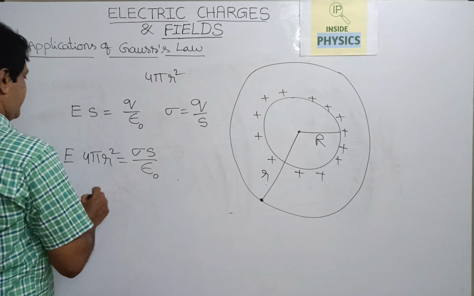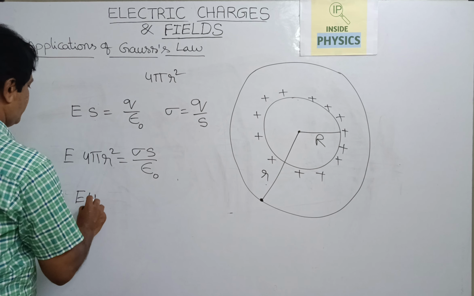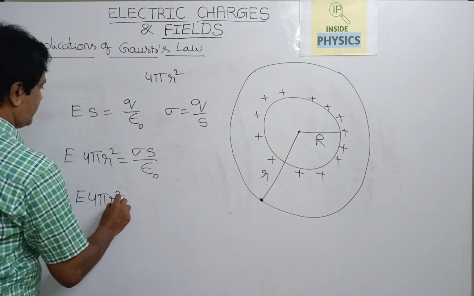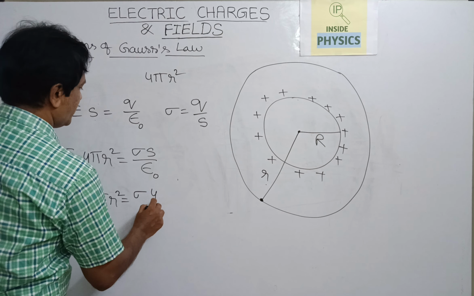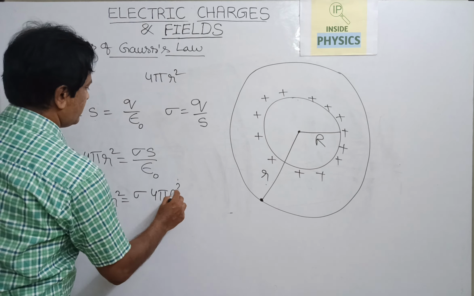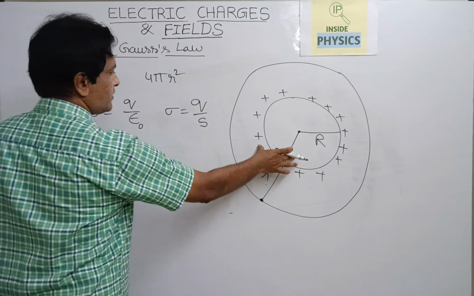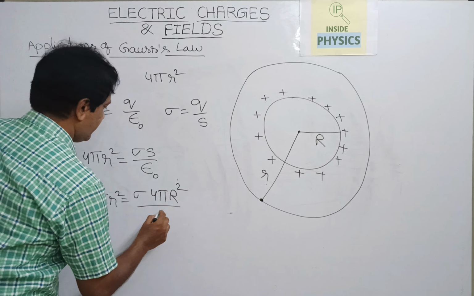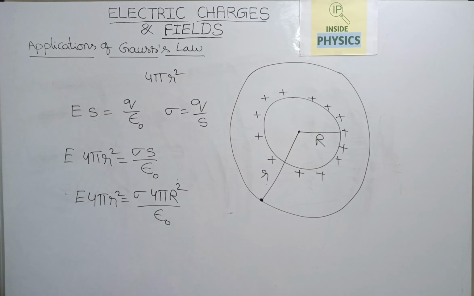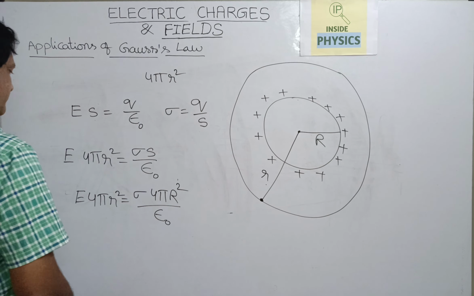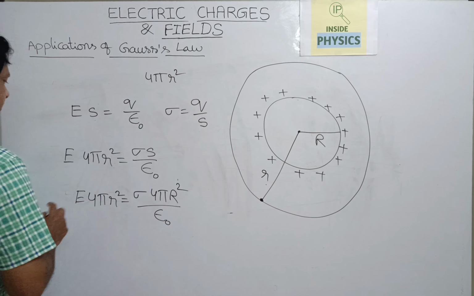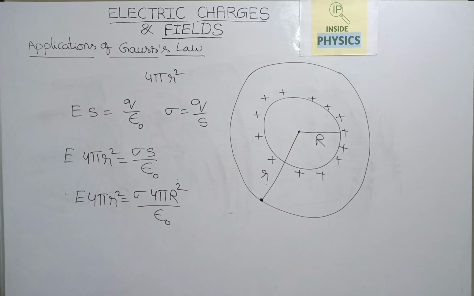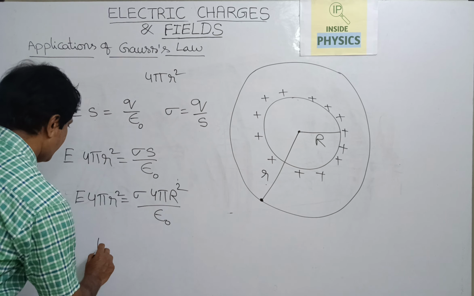So what is the surface area here? 4 pi r square into E is equal to sigma S, means sigma 4 pi capital R square, this is the surface area of this charged sphere, by epsilon naught. If you observe here, 4 pi will be getting cancelled. So what is the electric field?